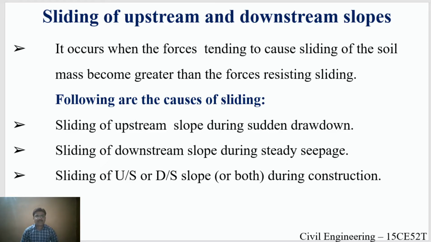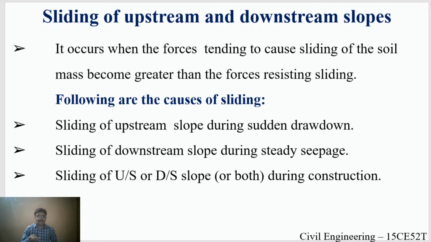Sliding of upstream and downstream slopes occurs when the forces tending to cause sliding of the soil mass become greater than the forces resisting the sliding. There are some causes on which the sliding of upstream and downstream slopes depends.